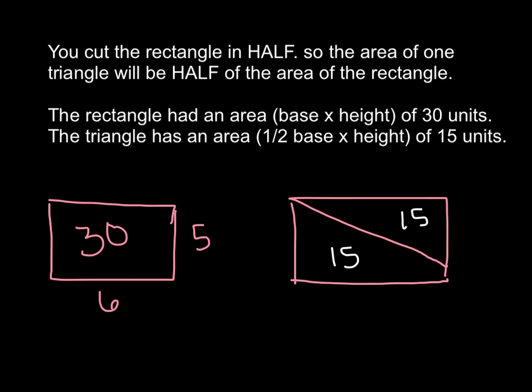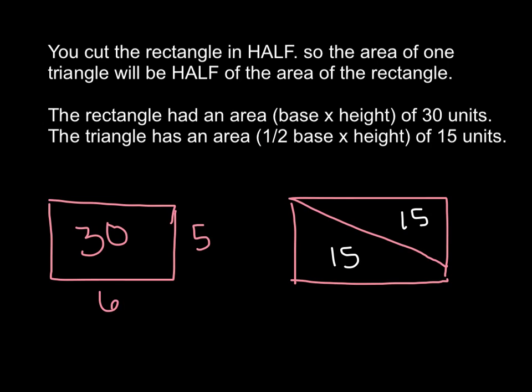So the area of one triangle will be half of the area of the rectangle. The rectangle has an area of 30 units, so 6 times 5. And then the triangles over here should have an area of 1/2 base times height.